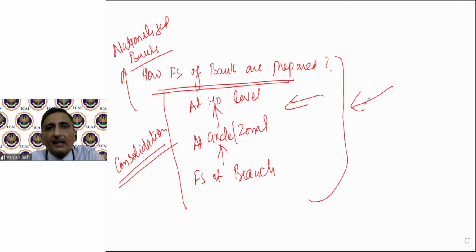And when consolidated financial statements are prepared, all the norms applicable for the preparation of consolidated financial statements apply. Okay. Clear, guys? Fairly simple things, but you have to remember these.